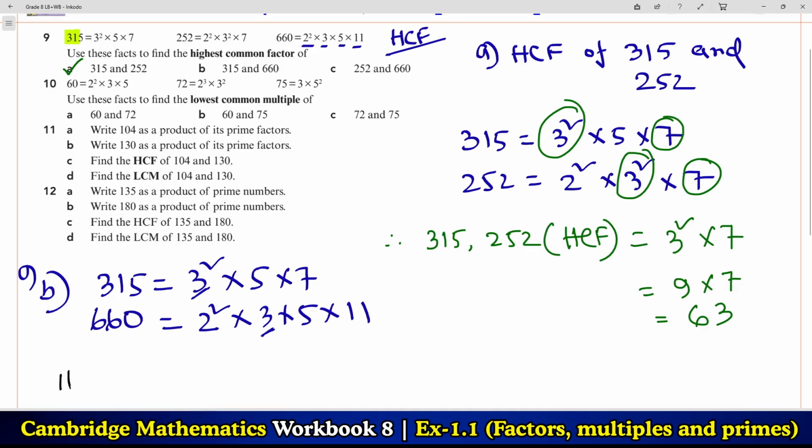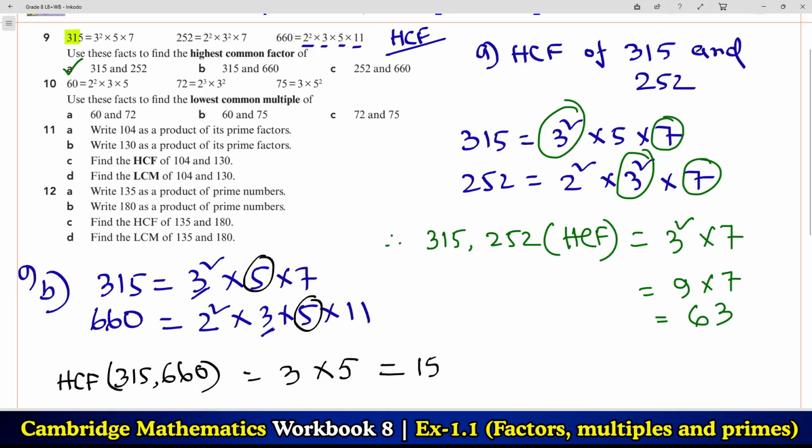Also 5 is common, so we take 5. So the HCF of 315 and 660 is 3 times 5, the answer is 15, right? So part B is done.